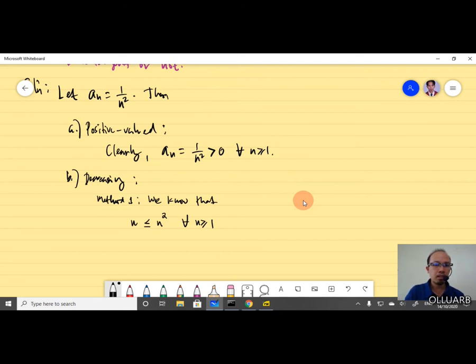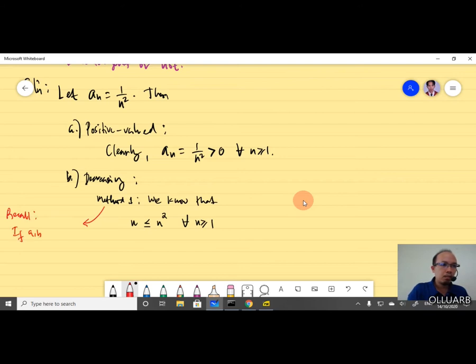If you recall your previous topic, let's try recalling this idea before in your algebra.